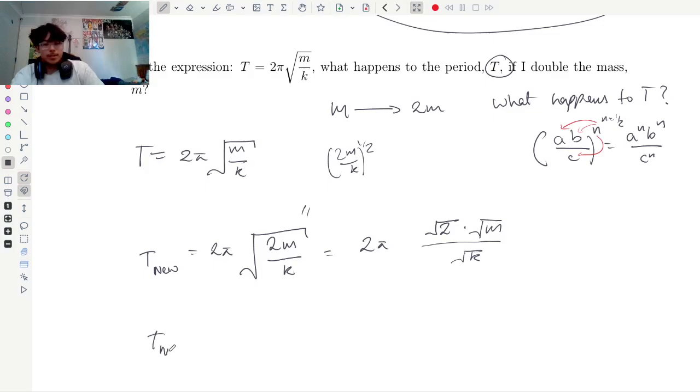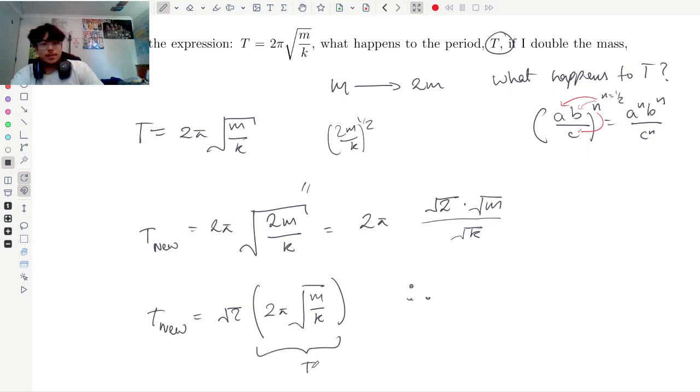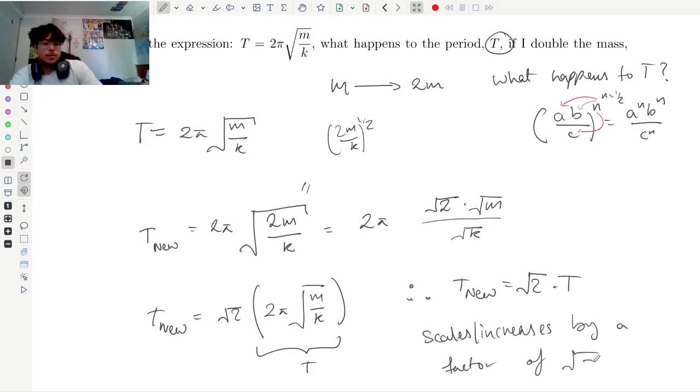So I can say that t new is equal to square root of 2 multiplied by 2 pi square root of m on k. So therefore, what I notice is that this is t here. So t new is equal to the square root of 2 times t. So it scales, or increases, by a factor of square root of 2.